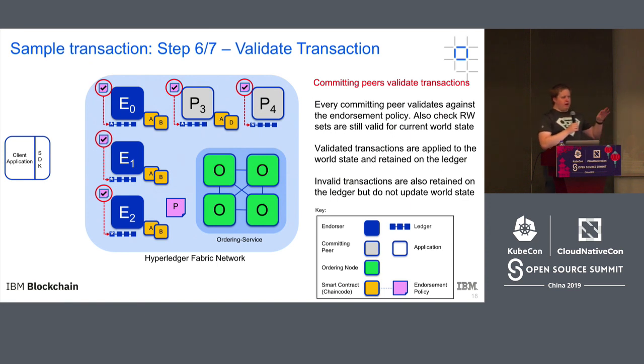If changes in the block conflict, basically the earlier transaction in the block is the one that's going to be valid, and the later transaction is going to be marked invalid. All of these transactions will be written to the ledger, even the invalid ones. The invalid ones are in the ledger, but they don't affect the world state because they've been marked invalid.